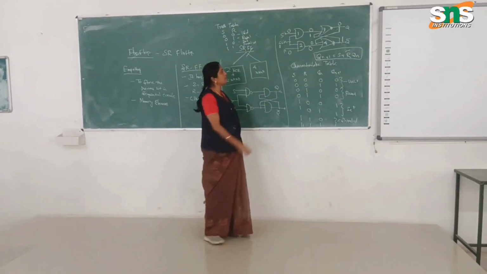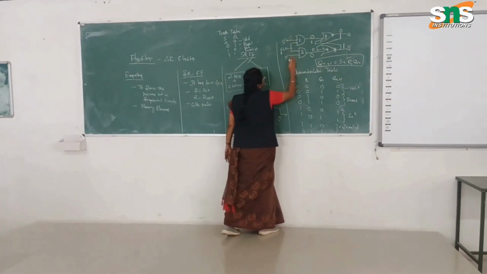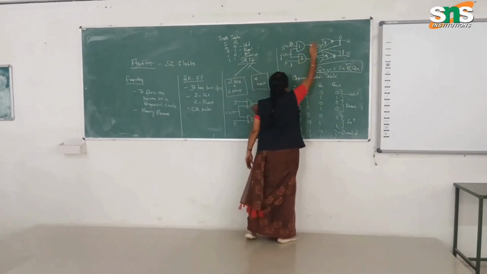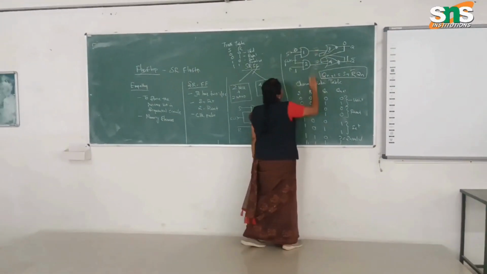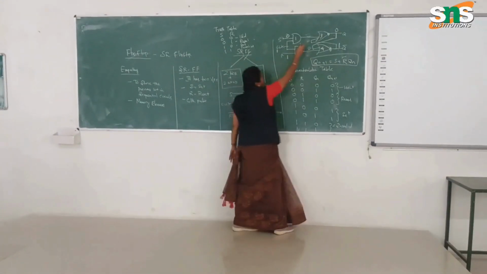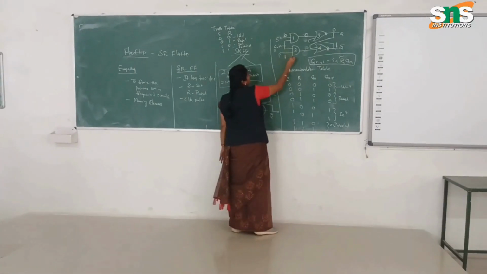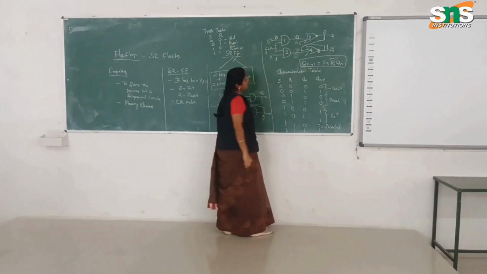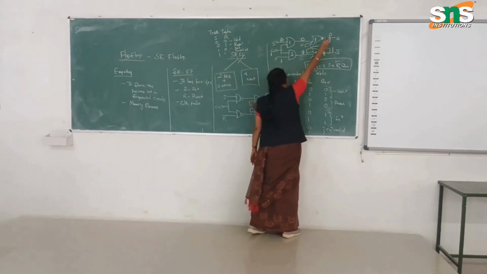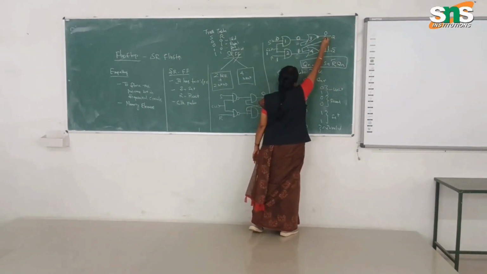Likewise, next we will give 0, 1. What is the output of the first AND gate? 1, 0, 0. And the second gate 1. Let us assume 0. So the output of the third gate is 0.